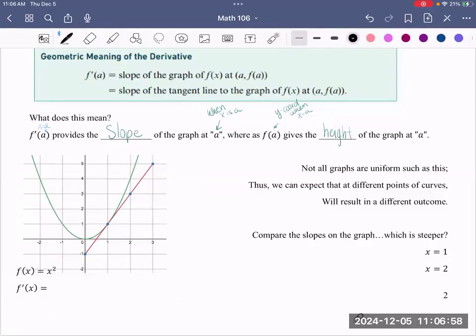So not all of your graphs are going to be nice and uniform or symmetrical like this. So we'll have lots of different outcomes when we look at a particular curve.